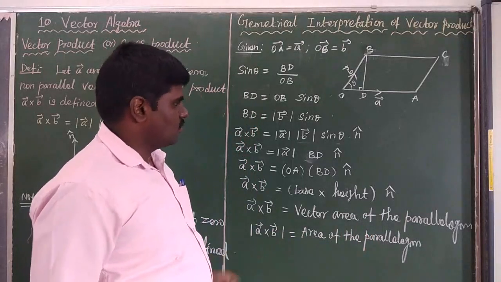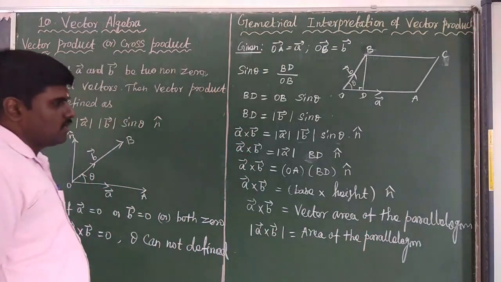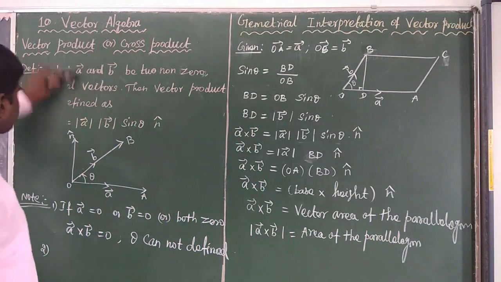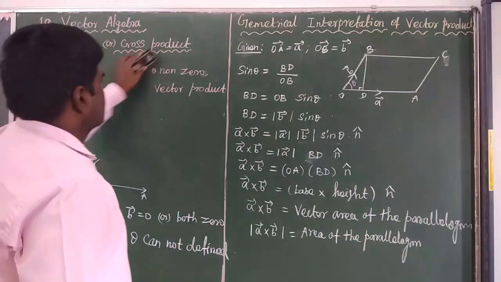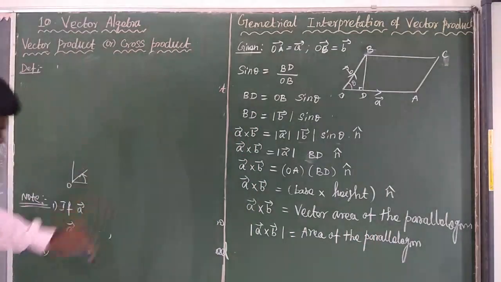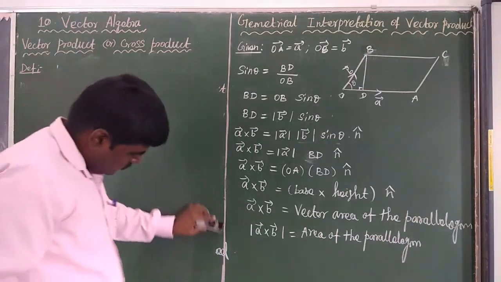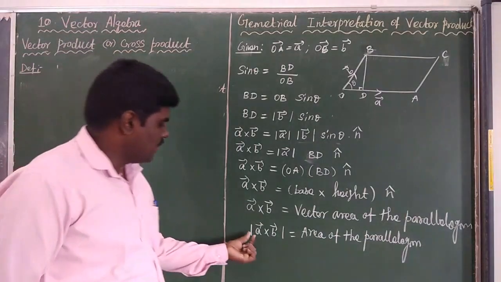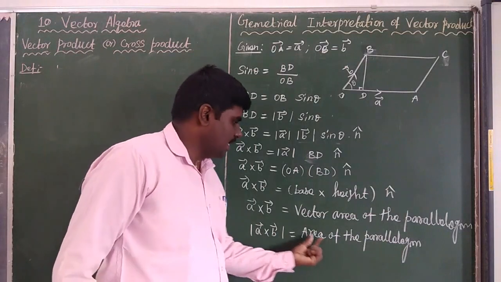It's clear. In the same way, another conclusion, in the same parallelogram. Here A vector cross B vector is equal to the area of the parallelogram.